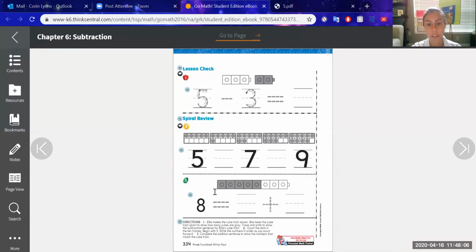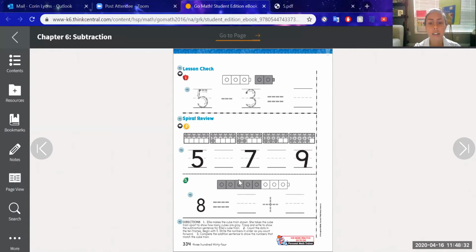How many cubes do we have all together? 1, 2, 3, 4, 5, 6, 7, 8. We have 8 cubes all together. Now I want you to look closely at the cubes. Do they all look the exact same?